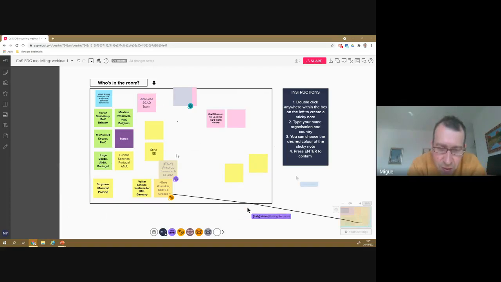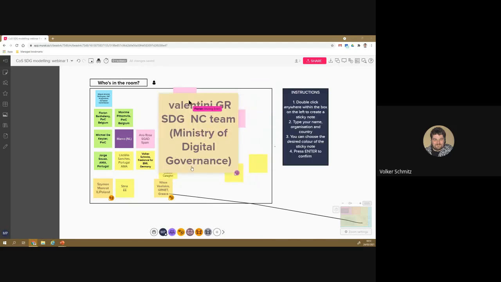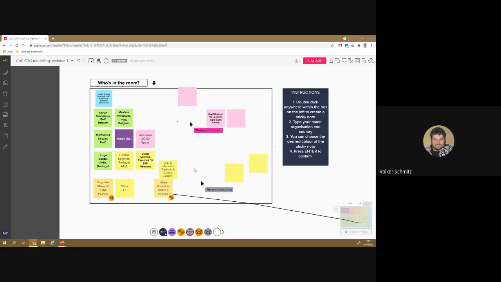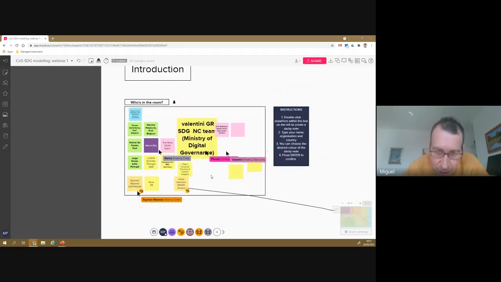Then in Germany, from BMI, we have Volker. Yes, hello, my name is Volker. I'm supporting Christoph Harnoth, who is SDG coordinator in Germany and works for the Federal Ministry of Interior, Building and Community in Germany. Christoph, not me. Thanks a lot, Volker. Maybe we can move Nikos a bit to the left, we have Nikos from Greece.